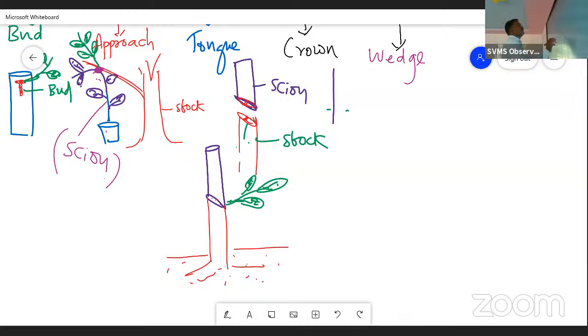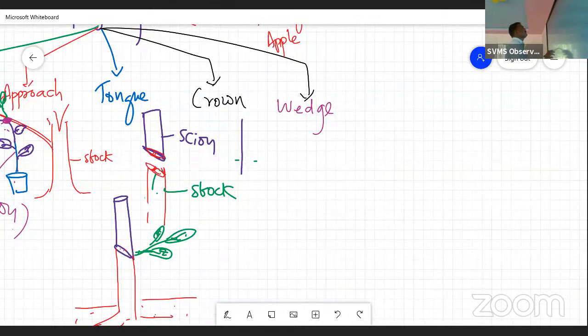Actually, in crown grafting, two plants are taken. One is a large size and the other is a small size.